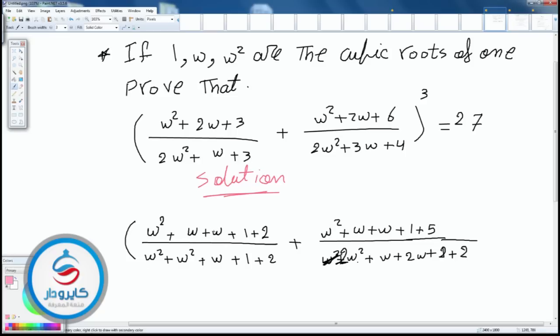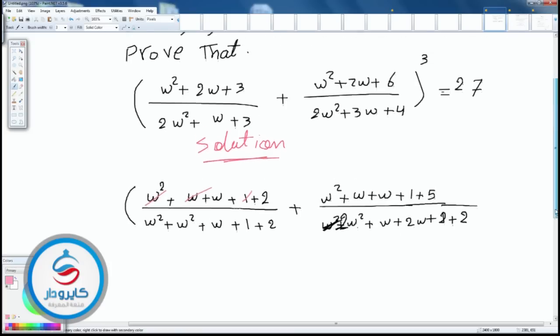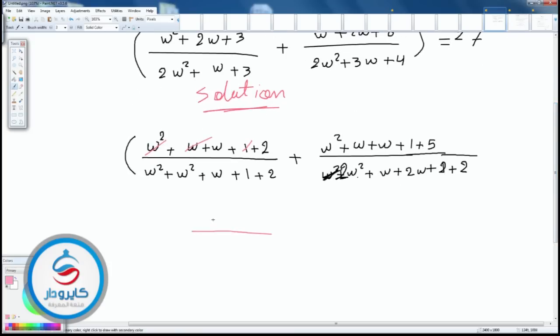By cancelling, since omega square plus omega plus 1 equals 0, which is left here? Omega plus 2. Omega square plus omega plus 1 equals 0, so the first fraction is omega plus 2 over omega plus 2. Then we have omega plus 5, and 2 omega square plus 2 omega plus 2 also equals 0, then omega plus 2 is left.